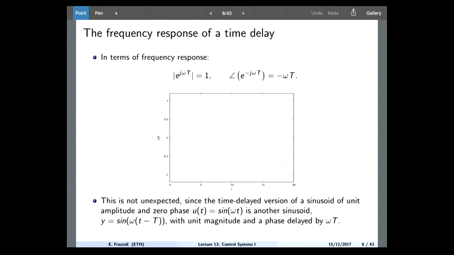Plus, we're using j, sine of phi. Everybody agrees with that? This is Euler's formula. This is not something that you learn in this class, but probably something you have heard before. So this is how you go from this to this. And you can also see it from here: what is the phase, what is the argument of this number?